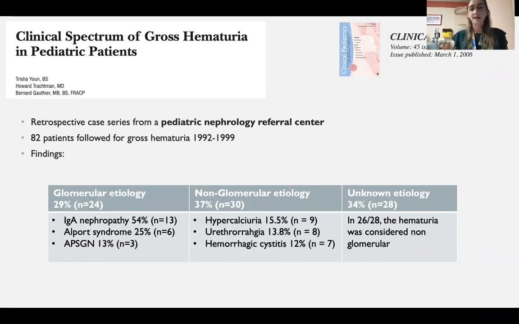Finally, we can see again in this study, as in the previous one, that around 30% or a third of the cases of gross hematuria in children were of unknown etiology. In this paper, they pointed out that 26 out of the 28 patients with unknown etiologies were considered to have a non-glomerular source for the bleeding.